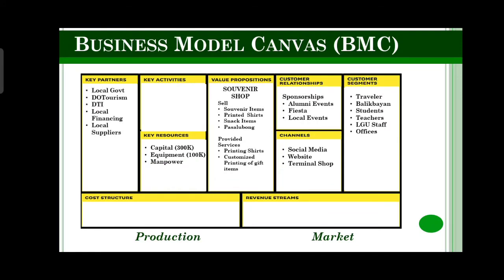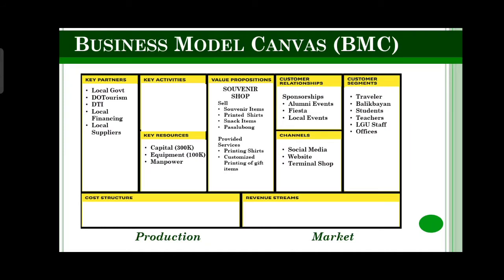So they are enablers, it could be the local government unit. So for this souvenir shop, one of their partners is DOT, Department of Tourism. And the souvenir shop is active in the trainings of DTI and the local government unit. And the souvenir shop was also able to tap local suppliers and local financiers or financing agencies or cooperatives.